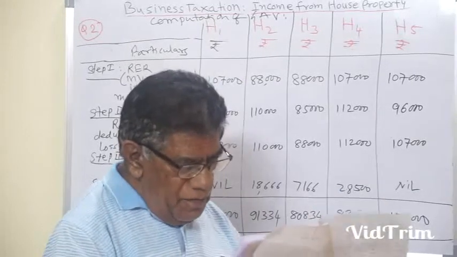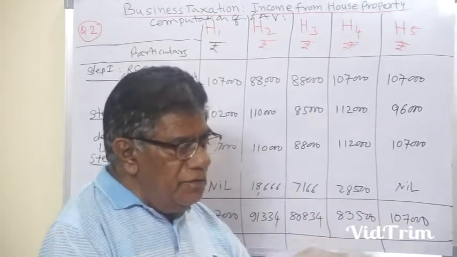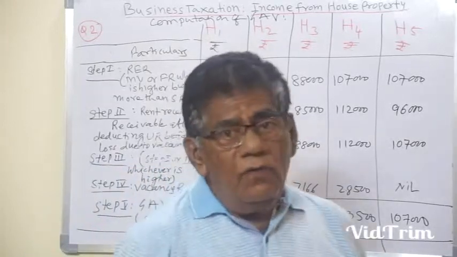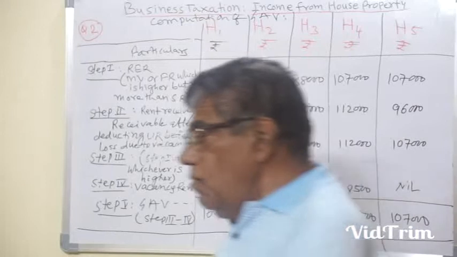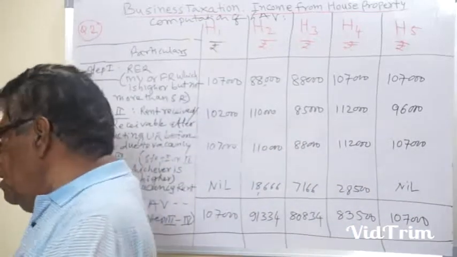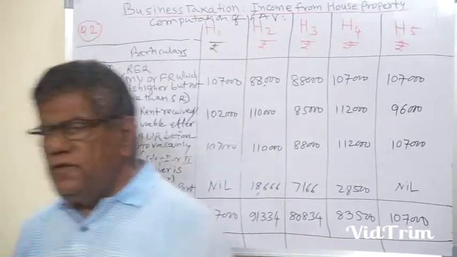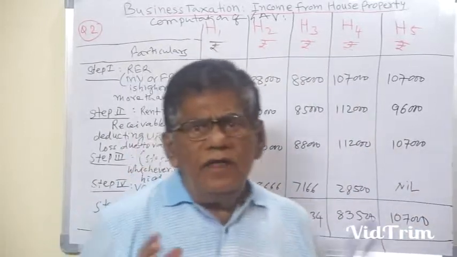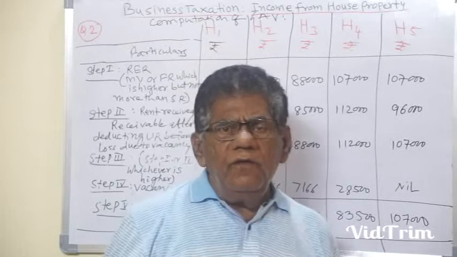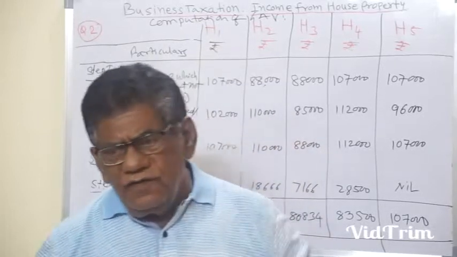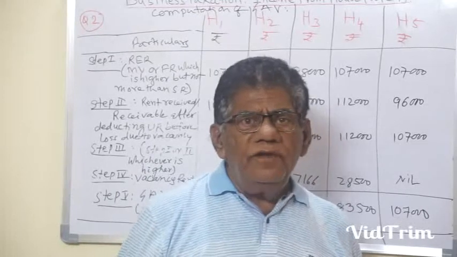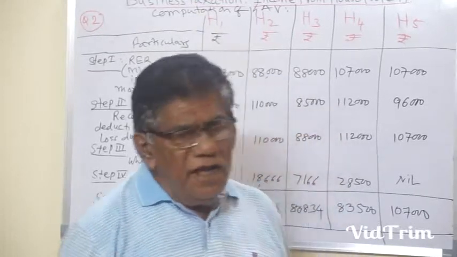The problem related to income from house property. Now, as you know well, for income from house property, first of all we have to calculate gross annual value, then deduct municipal taxes paid by the owner, not by the tenant, and after deducting it we get net annual value.